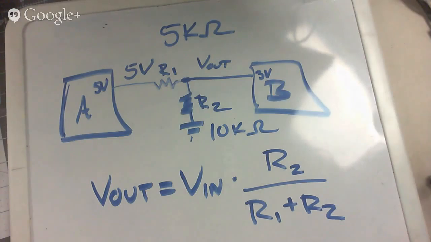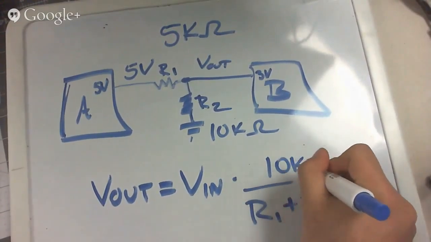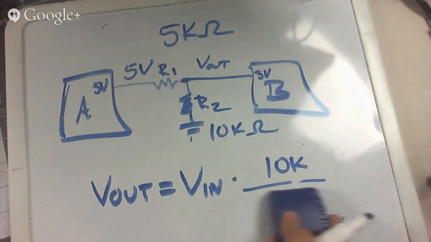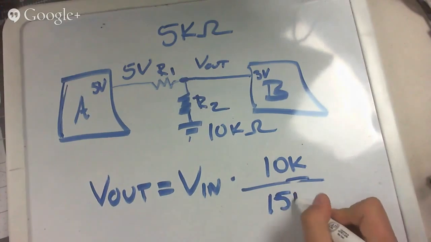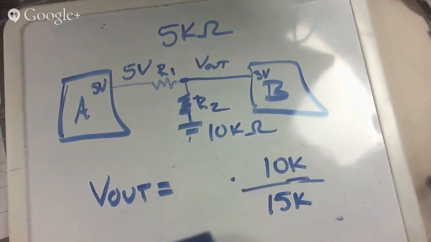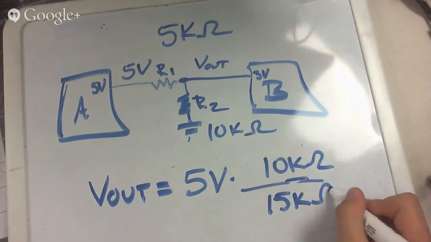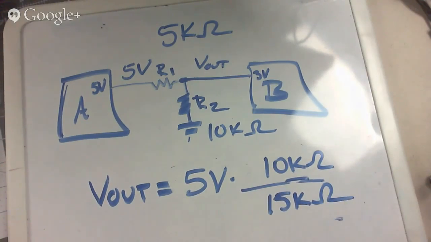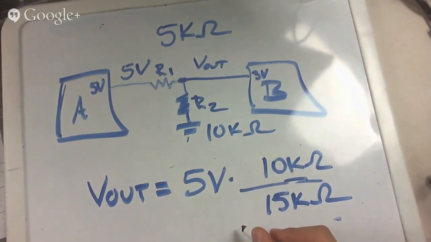R2 is 10K, and R1 plus R2 is 10K plus 5K, that's 15K. My V in is the 5 volts. So ten over 15, you can rewrite that as 2/3.